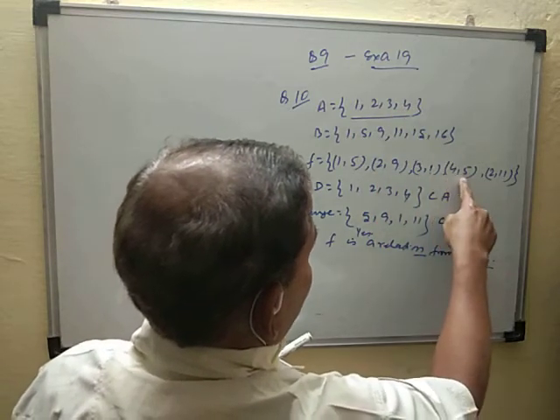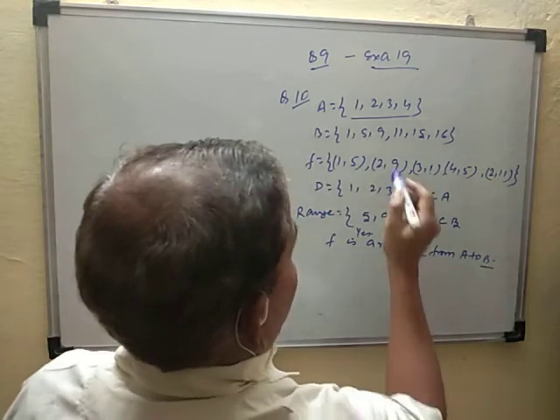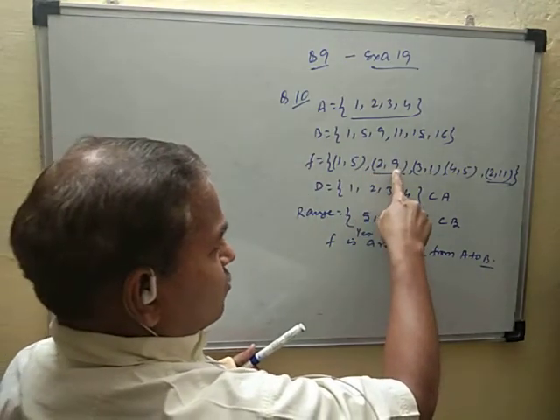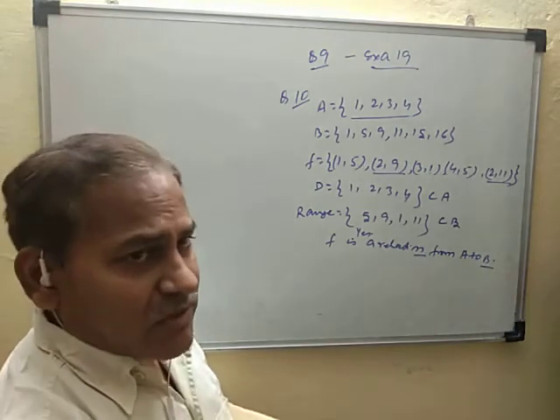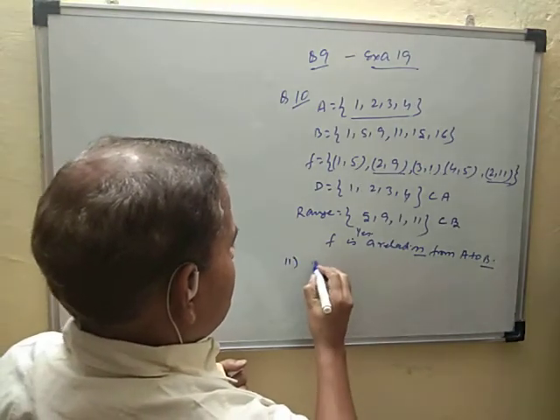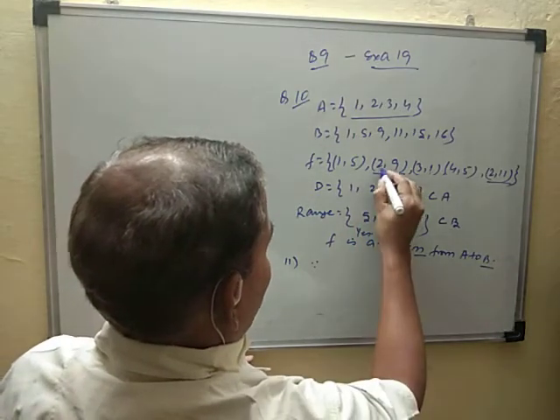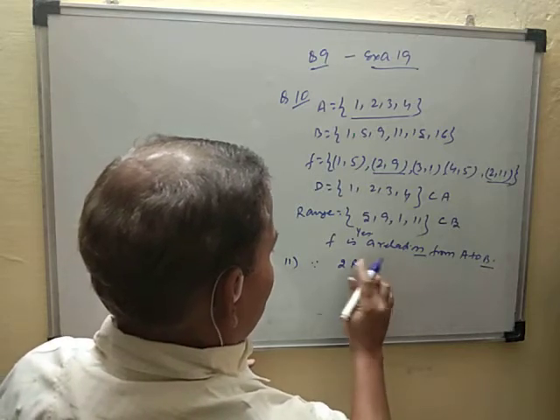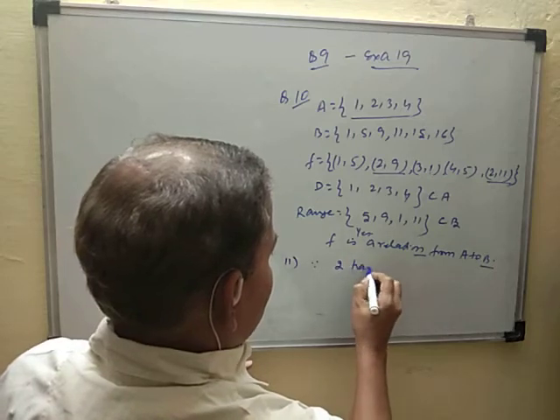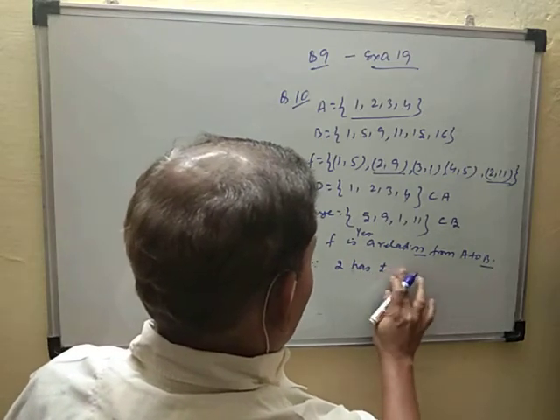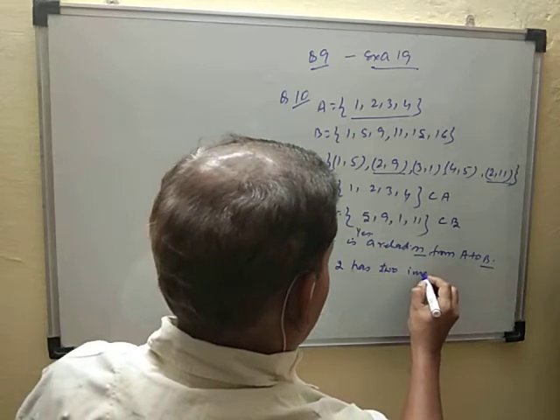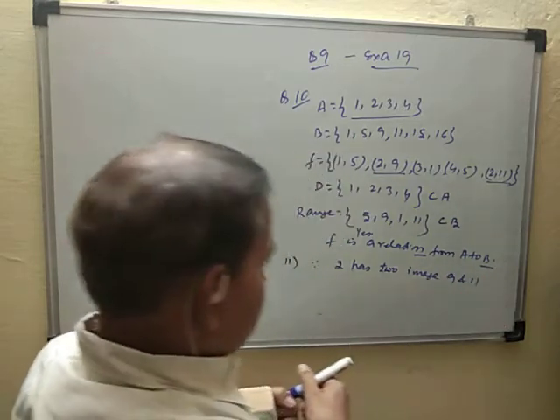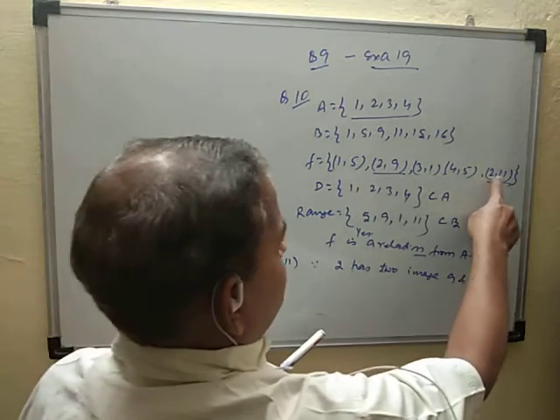Image of 2 is 9 and image of 2 is also 11.